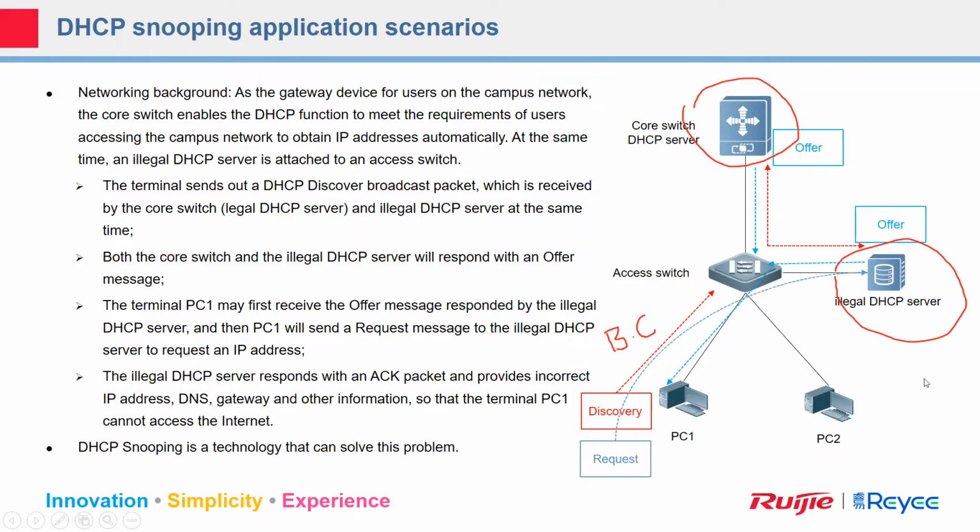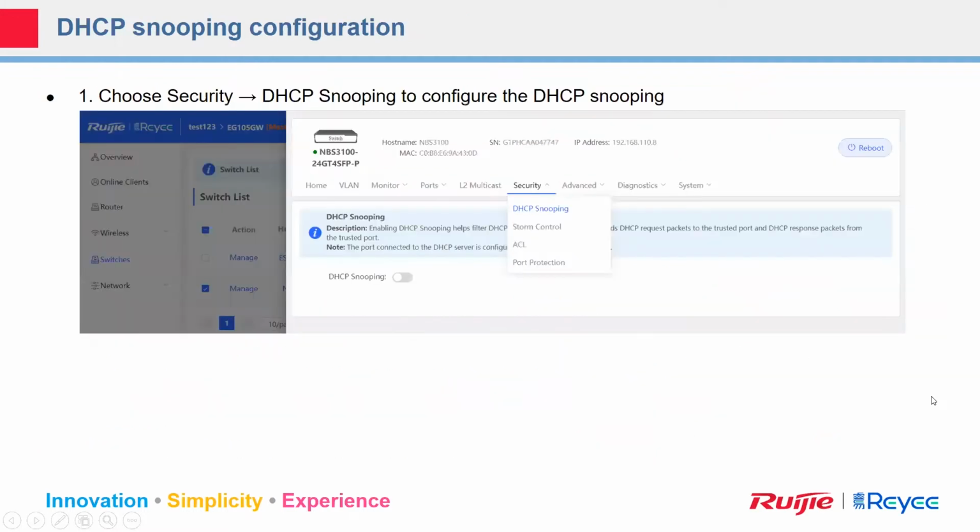PC1 doesn't know. So PC1 is requesting from the illegal server, and the illegal server is sending acknowledgement, which means I will give you an IP address, subnet mask, and gateway. So you have to turn this on, and we recommend it in many scenarios; it is a must.